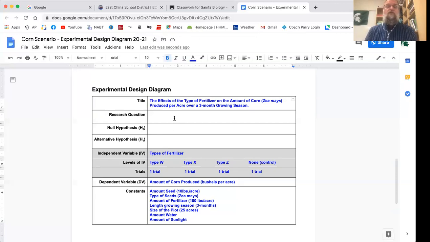Same thing in the research question. Really, you're just taking the same idea and putting it into question format. But again, you want to include the genus and species, and you also want to include the duration.